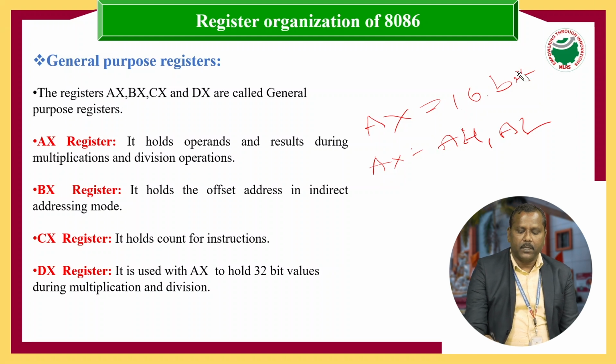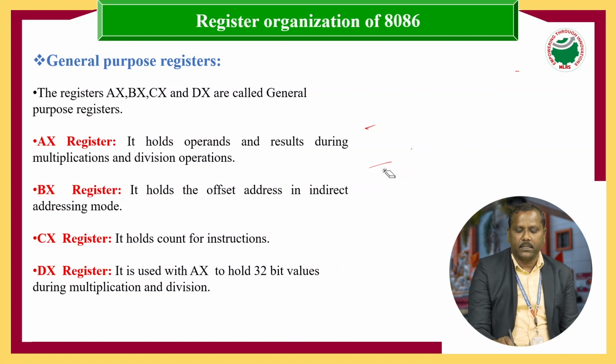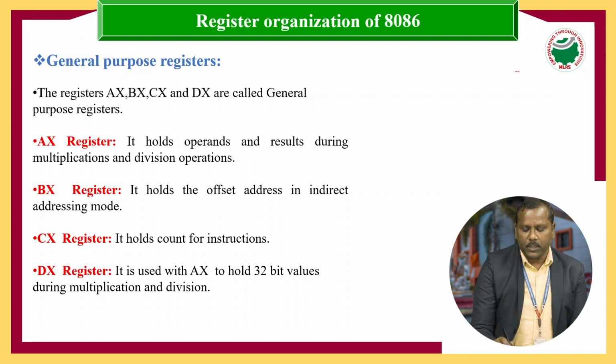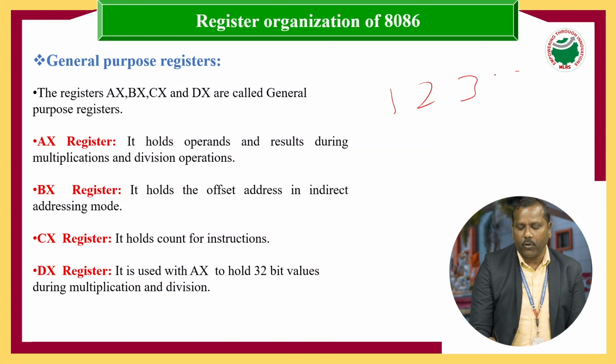Suppose we want to see how 16-bit data will be stored in AX. It will be stored bitwise. For example, AX is a 16-bit register, so I am taking the input as 1, 2, 3, 4.